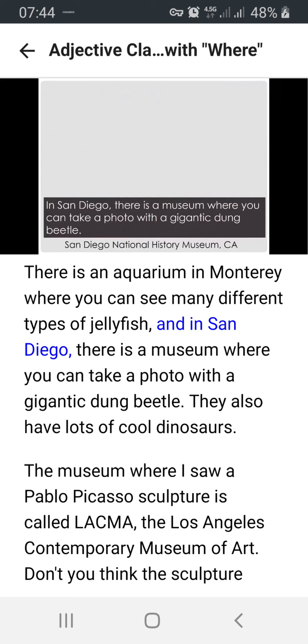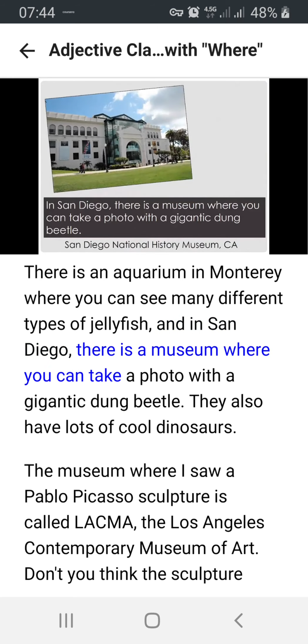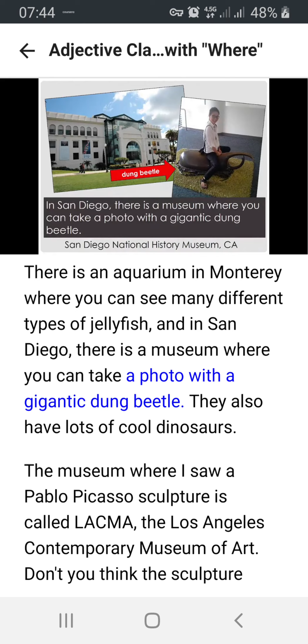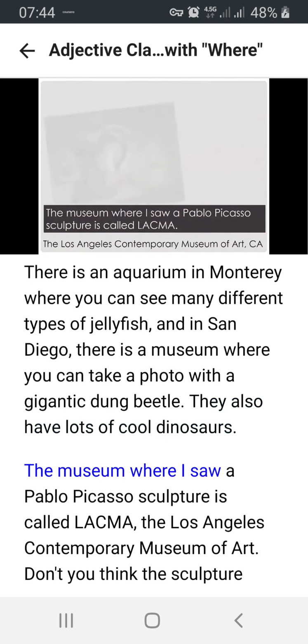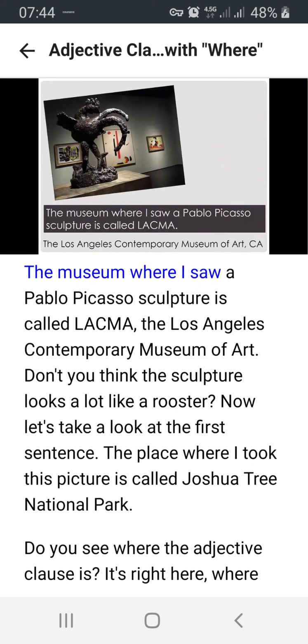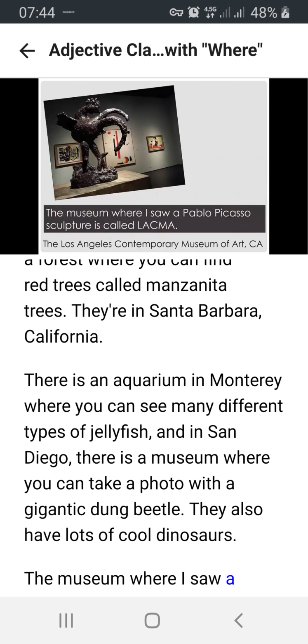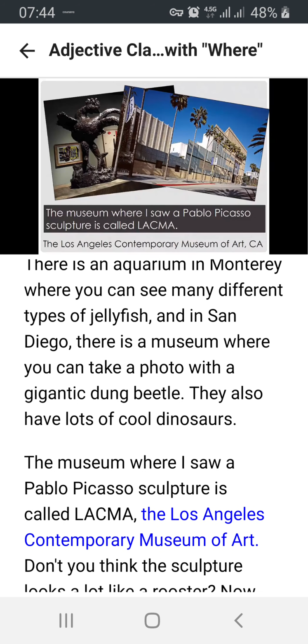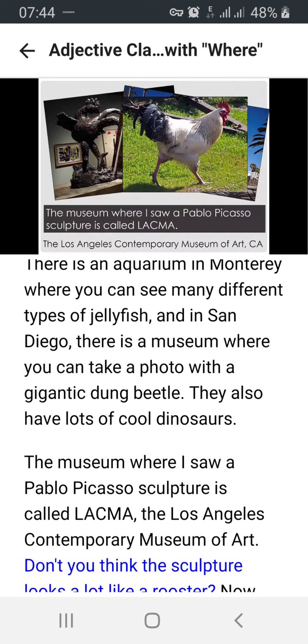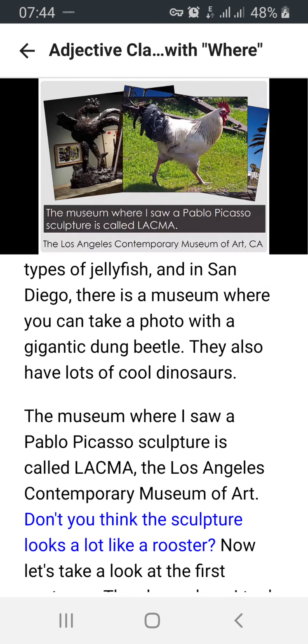And in San Diego, there is a museum where you can take a photo with a gigantic dung beetle. They also have lots of cool dinosaurs. The museum where I saw a Pablo Picasso sculpture is called LACMA, the Los Angeles Contemporary Museum of Art. Don't you think the sculpture looks a lot like a rooster?